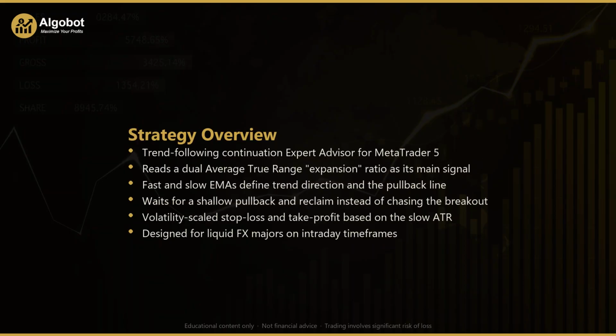Let's dive in. So what does this expert advisor actually do? At its heart, Volatility Expansion Pullback is built around a simple observation many traders talk about, that sustained directional moves are often born out of a sudden expansion of volatility rising off a quiet base. The moment short-term range swells relative to its own longer-term baseline, it can suggest that one side of the market has taken control.